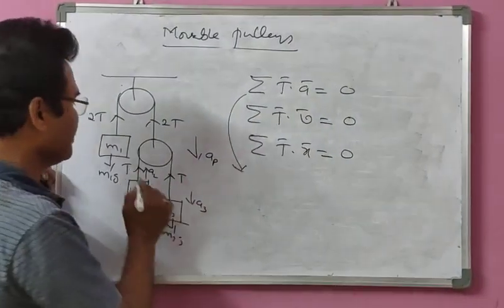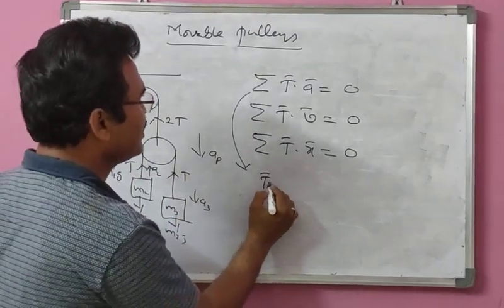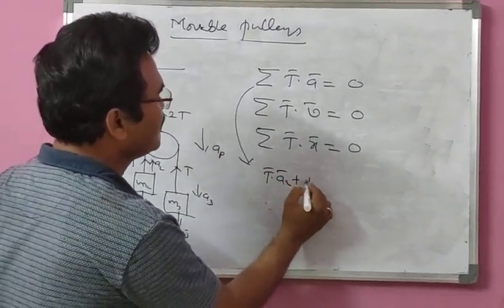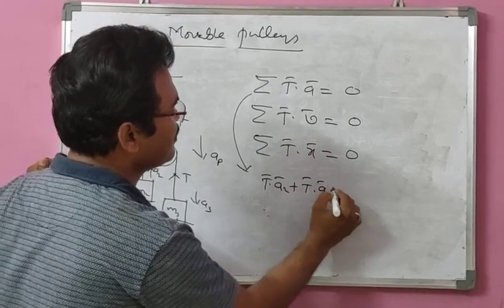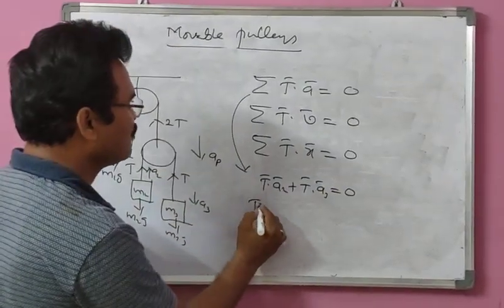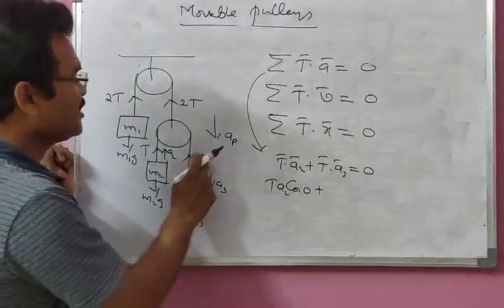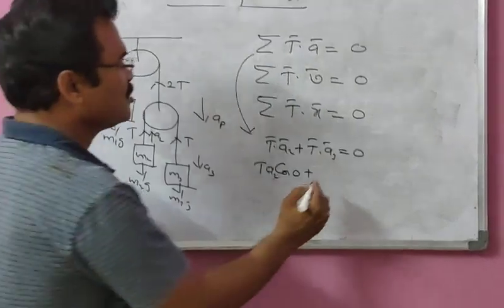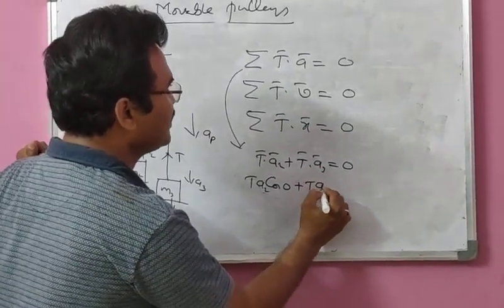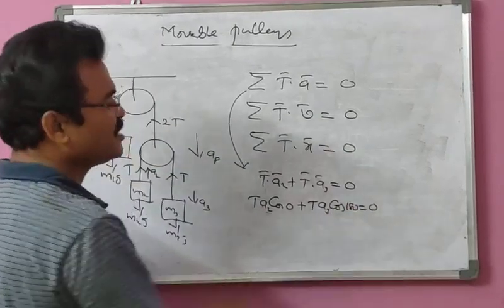First of all I write T into acceleration, which I'm calling a2. So T bar dot a2 bar plus T bar dot a3 bar equal to 0. These two are in the same direction, therefore I get 2T a2 cos 0. And here T is upward but a3 is downward, so I get T a3 cos 180, and you know cos 180 is minus 1.